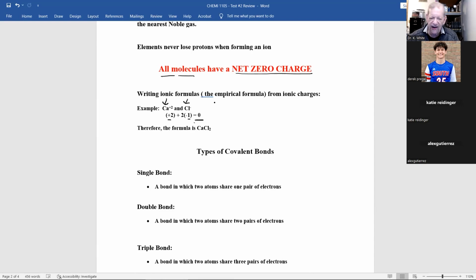It has to add up to 0. Well, it doesn't when there's only one chloride anion. But you can't change the charge, but you can change how many. And I can put a 2 here. 2 times -1 is -2 plus +2 is 0. So there's 1 calcium, but this tells us there's 2 chlorine, and you do it that way.